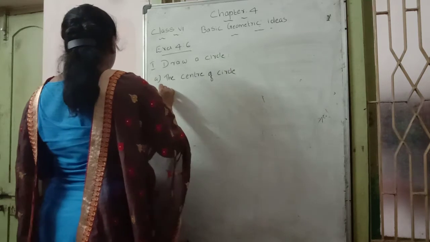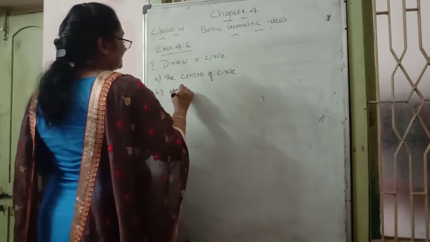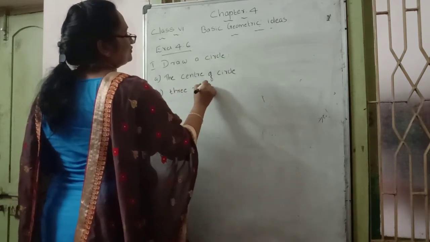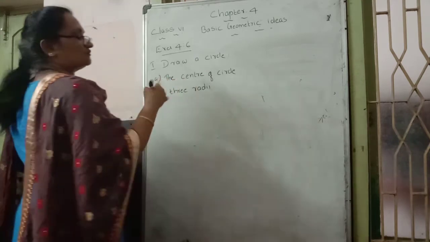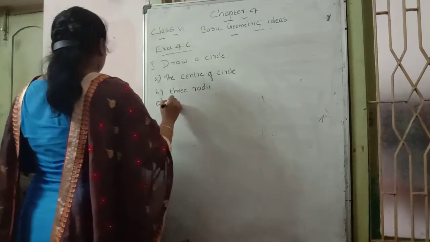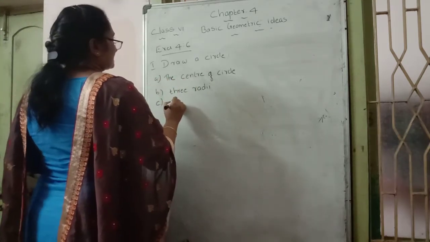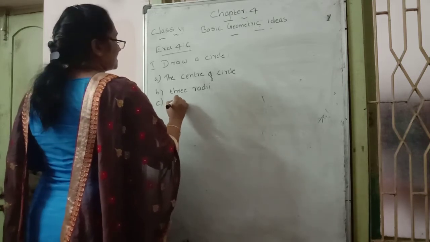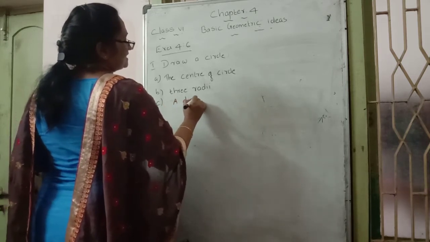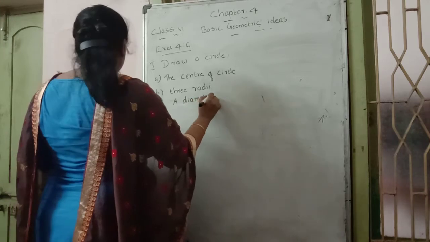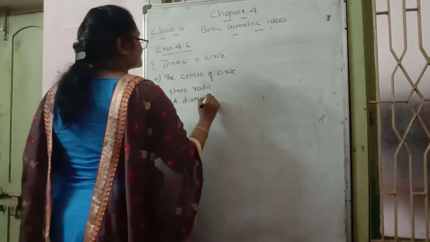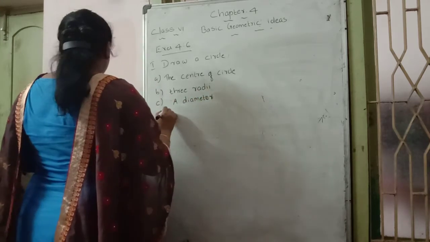Then in the B part they ask for three radii. Radii is the plural form of radius. Then the C part: mark a diameter. Next they ask you to mark a chord.